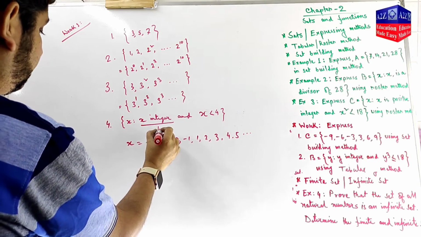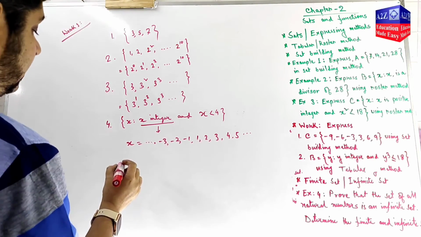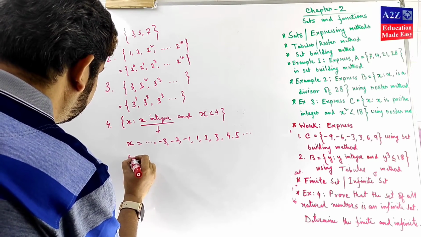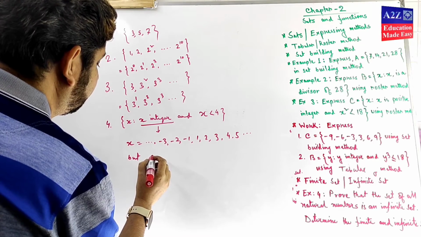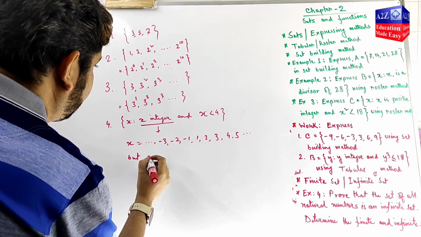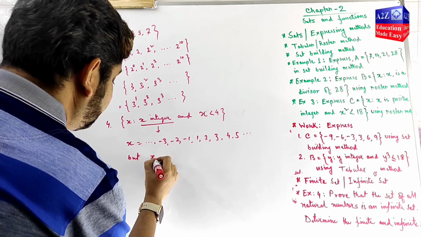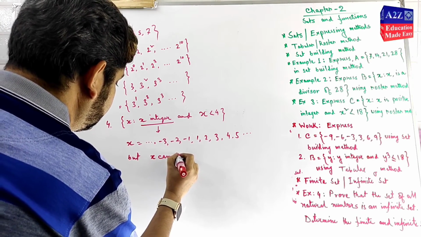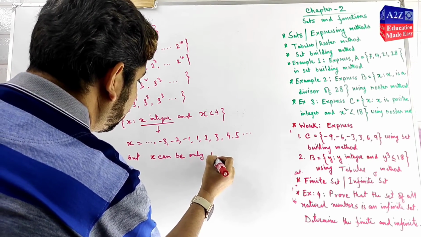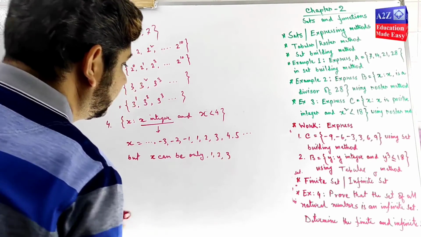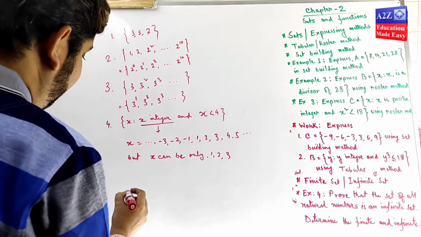But from the second property, x is less than 4, so x can be only 1, 2 and 3 on the positive side.